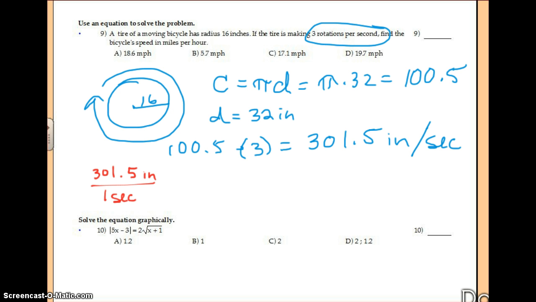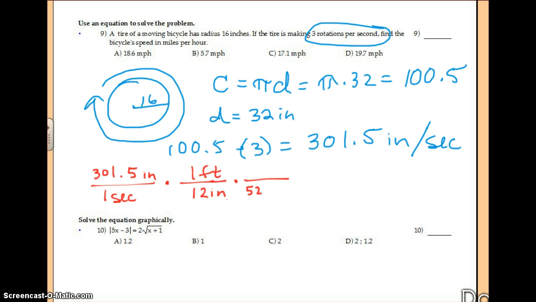Ultimately, I want to get to miles per hour. So the first thing I'm going to do is change inches to miles by multiplying by 1 foot over 12 inches. I'm going to go from inches to feet and then to miles. Because inches is in the numerator to begin with, I want to put inches in the denominator so that they'll cancel out.